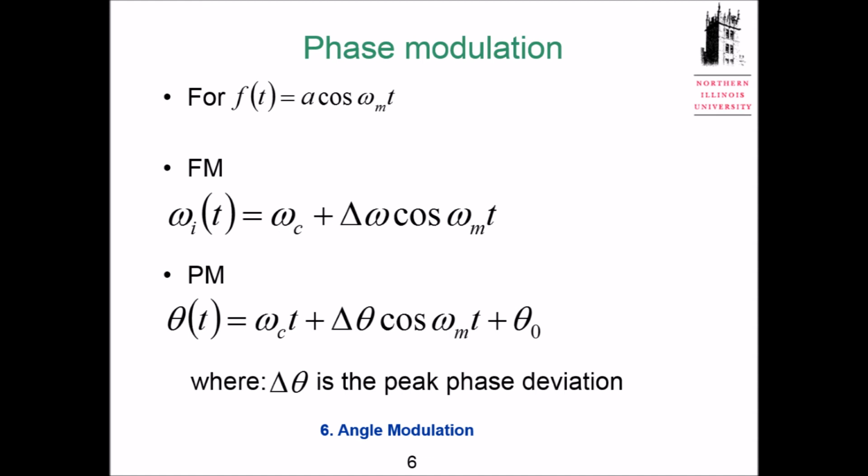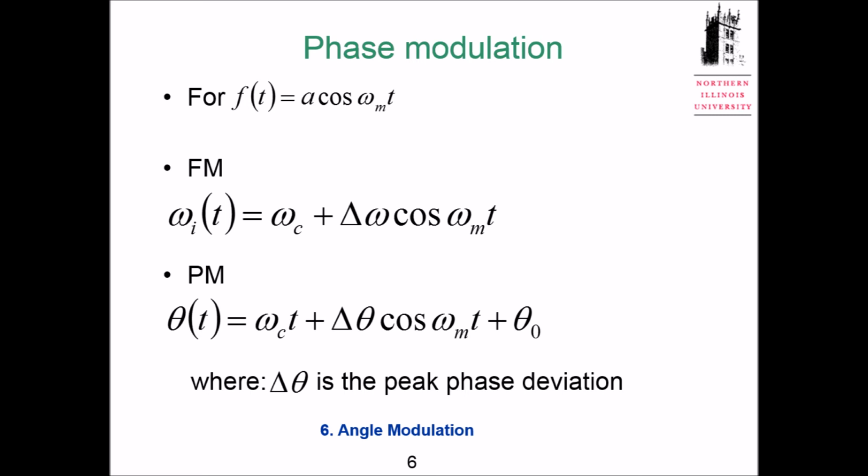So still, if we have a sinusoid signal as my input, as my message, we have an FM signal, right? For FM, we know frequency is proportional to my input, my message. Delta omega we call the frequency deviation, how far I can oscillate from this baseline.